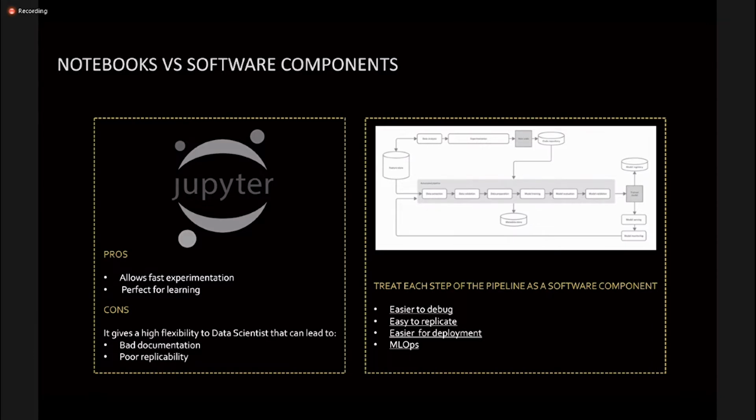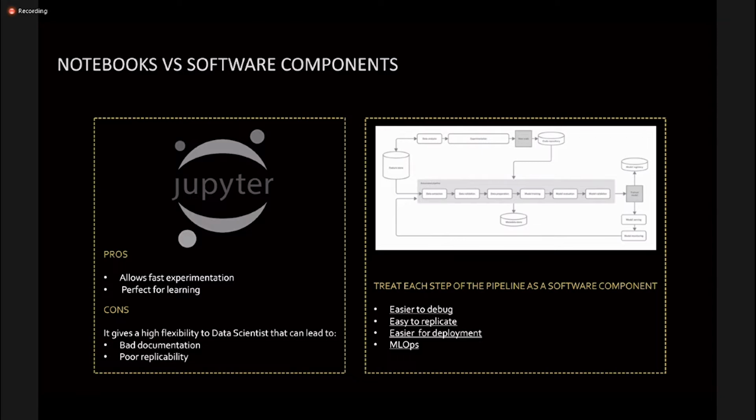You need to have very rigorous ways of documenting your notebooks, your code, and you need them to be replicable no matter the machine. Okay, and that's why the opposite of these unorganized notebooks is treating each step of the pipeline as a software component. And when I say pipeline, I mean the whole data science or machine learning pipeline.